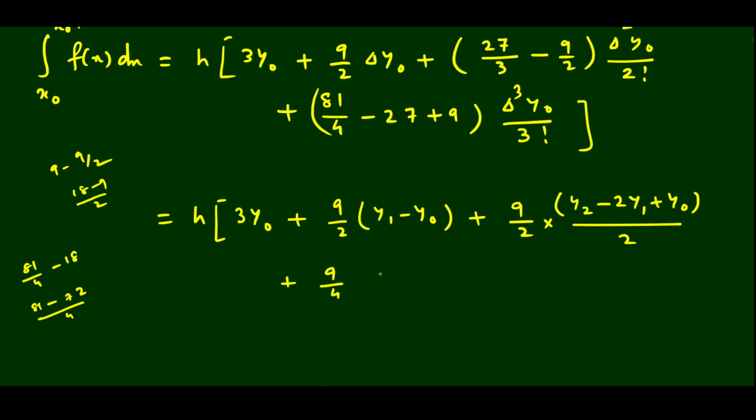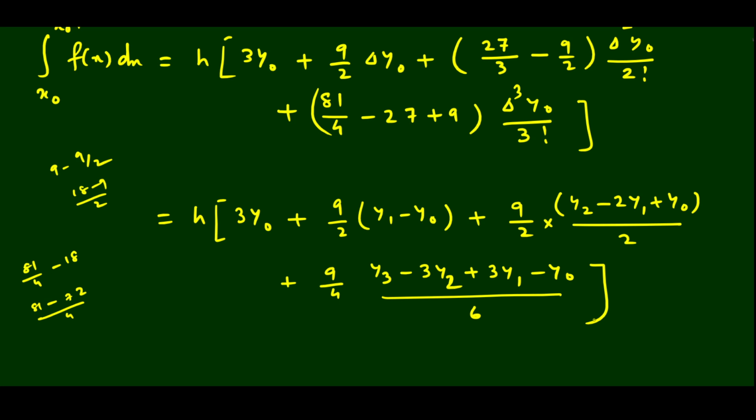Then delta cube y naught is y3 minus 3y2 plus 3y1 minus y0, divided by 3 factorial, and 3 factorial is 6.